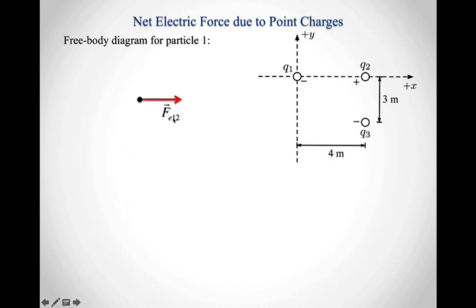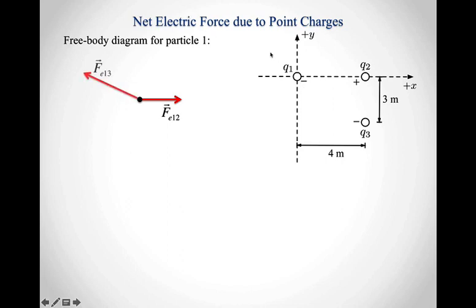Initially I'll label these with my full labeling: the electric force on particle 1 by charge 2. When I look at the interaction between 1 and 3, they're both negatively charged. Like charges repel, which means particle 3 is going to push particle 1 away from it.